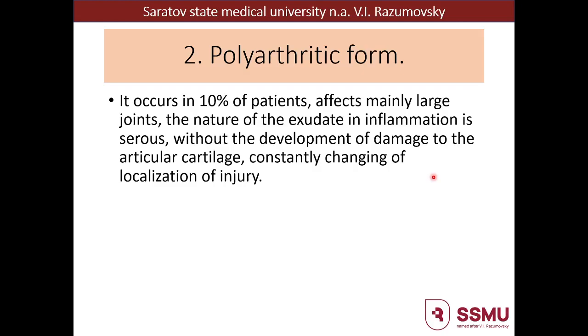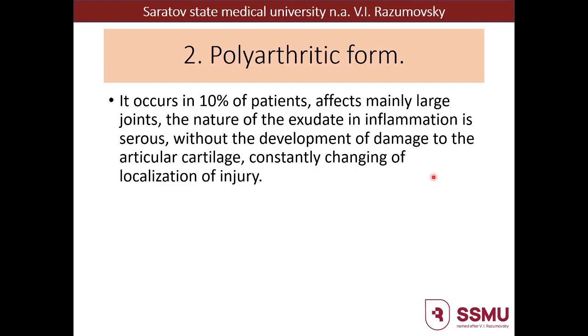The second form of rheumatism is the polyarthritic form, and I have already told you that this form of rheumatism is characterized by damage of the heart, vessels, and joints. This type of rheumatism occurs only in 10% of patients and affects mainly large joints like the knee.